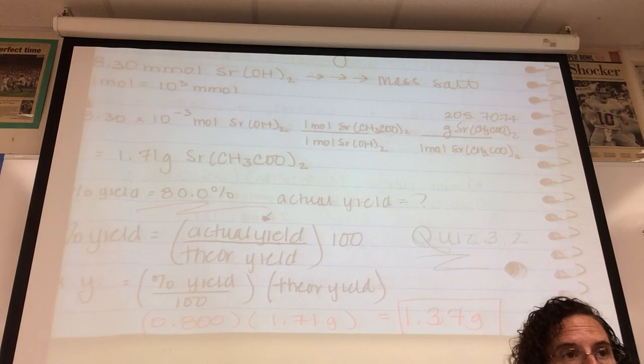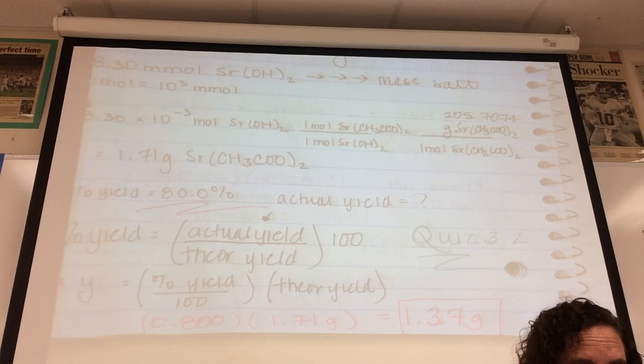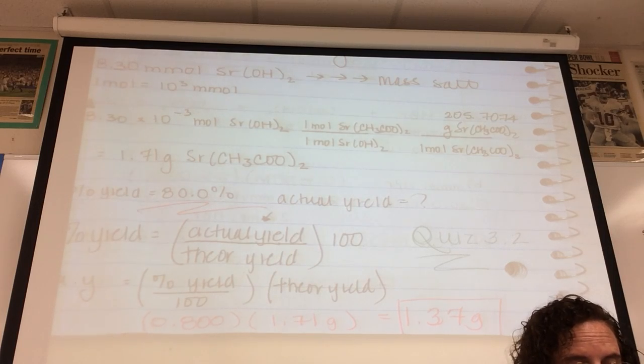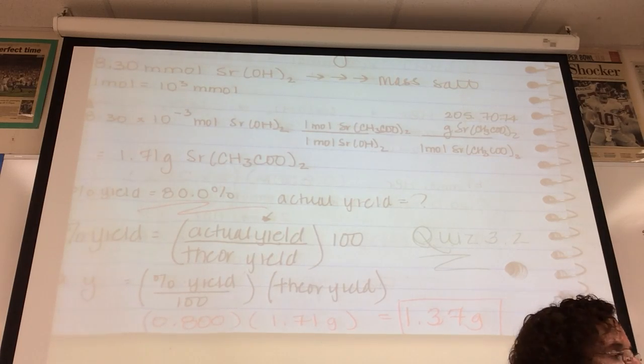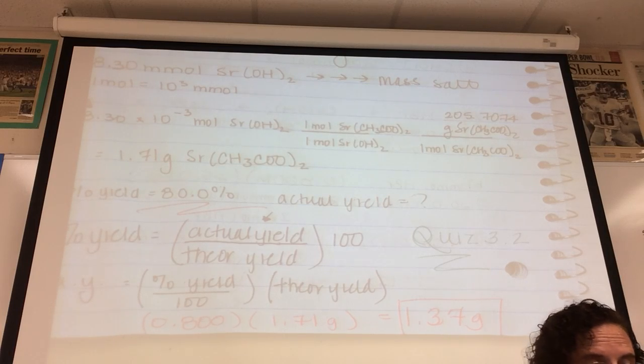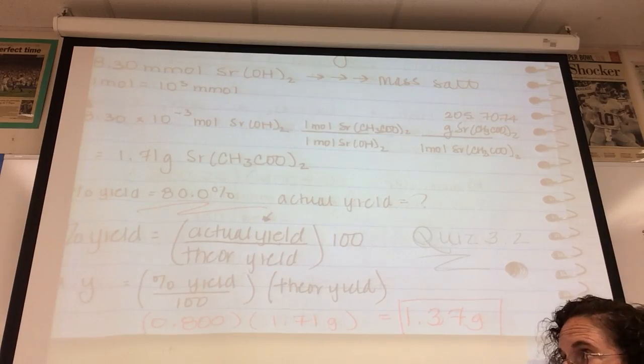So your goal is to understand titration, how to calculate the concentration of an acid or a base based on titration data. You want to be able to link this to theoretical yield as well as percent yield. And if you can do that, you'll be very successful on that component on the test.